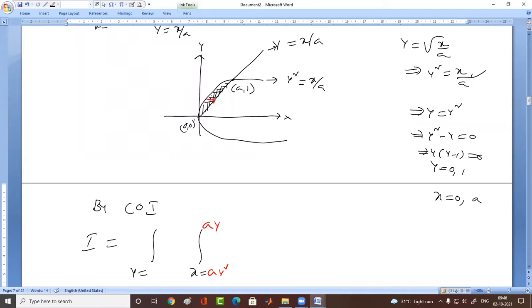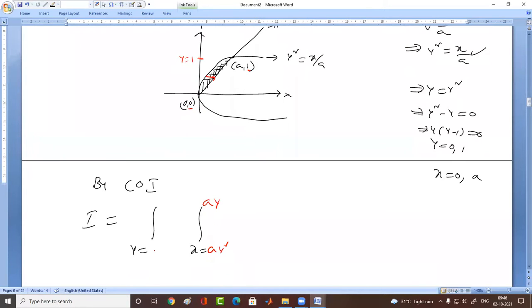Now the y limits along the y-axis. Here y is 0 and y equals 1. At this point, y equals 1. Upper limit is 1, so 0 to 1, x square plus y square dx dy.